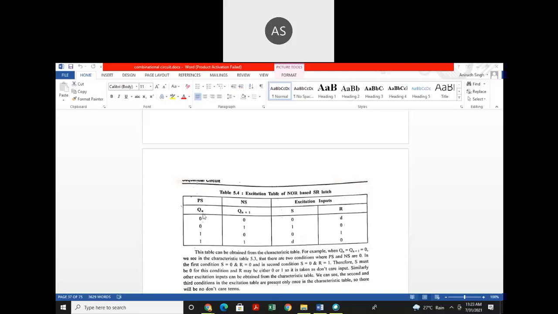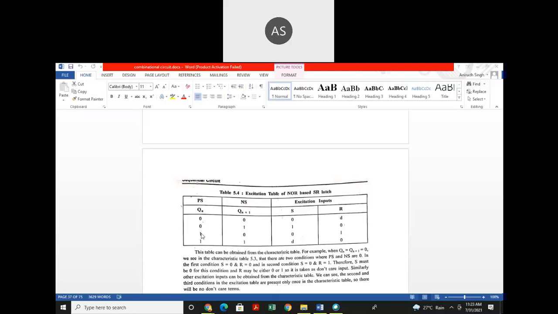Similarly, when present state is 0 and next state is 1, means when present state of Q is 0, then next state of Q is 1. Q is always 1 in SR flip-flop when S is 1. So when set input is 1, reset input is 0, then next state is always 1.